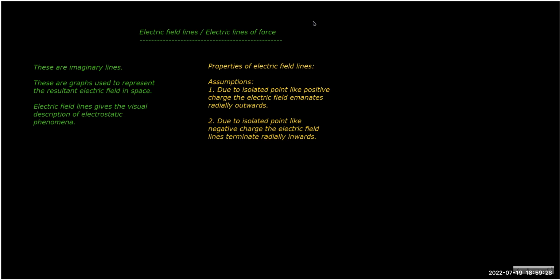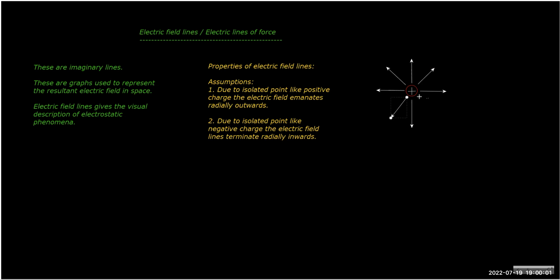So if we have a positive charge which is perfectly isolated from any other charge in the universe, then the lines of force that will appear will be coming out of this positive charge in the radial direction. And you can imagine these lines as co-initial vectors, as you studied in the vector chapter.